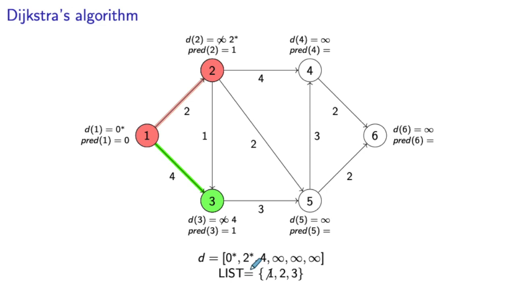This is why the assumption that there are no negative arc weights is crucial for this algorithm, because it allows us to make this label permanent and claim that this label is optimal for this particular node.